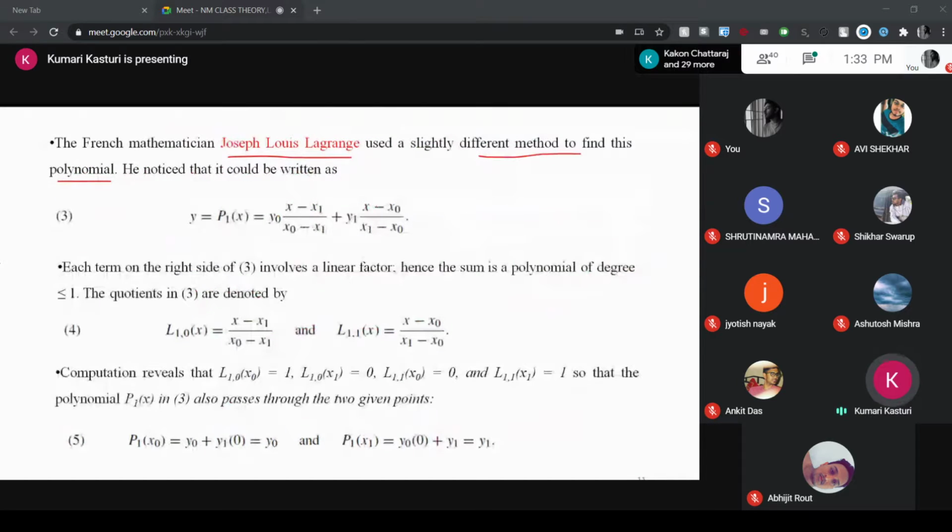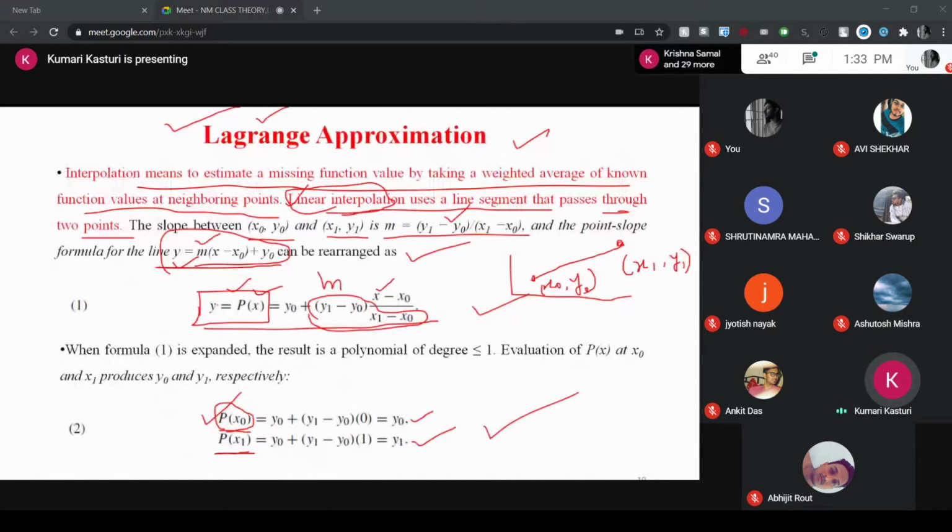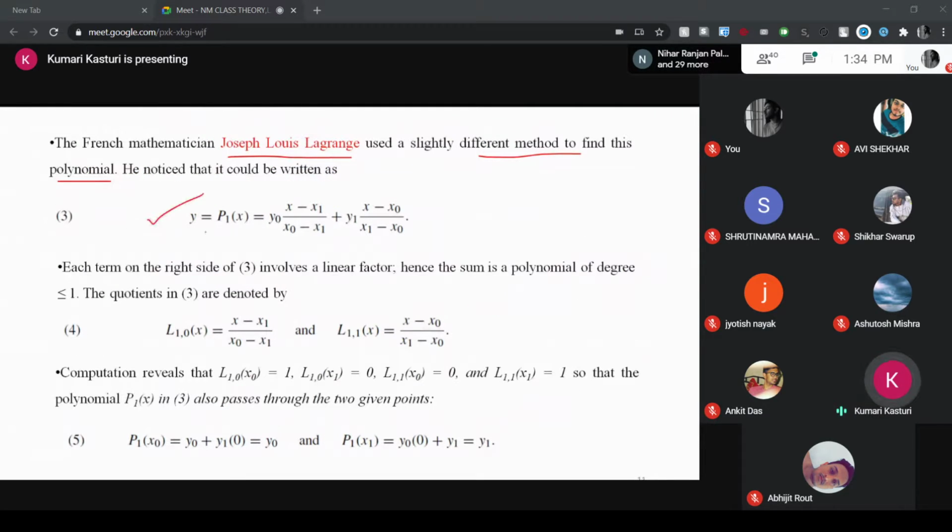So the same equation can be written as, he told that whatever equation you are getting here, that means this p of x, if you take the LCM and do the cross multiplication, then we can rewrite the equation like this, y is equal to p1 of x. Why p1 of x? Because he has taken the notation p1 of x for the linear polynomial.